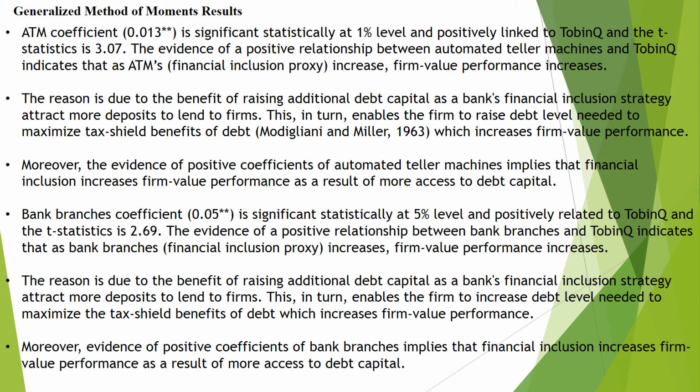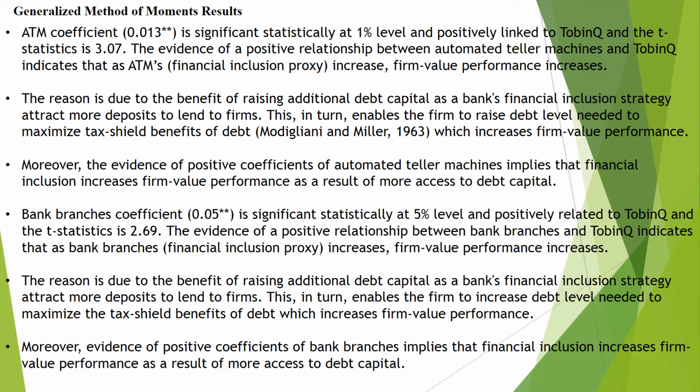And for the other part of the result, which is the dynamic model, the generalized method of moments result tries to show the relationship between the dependent and the independent variables. Here we take the main variables, which are the ATM and the bank branches, to explain Tobin Q, which are the fundamental variables needed to be understood.